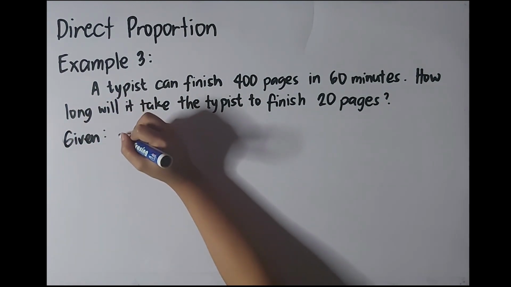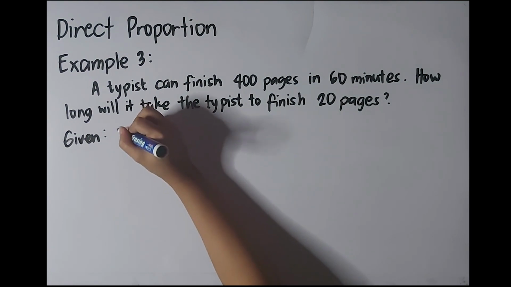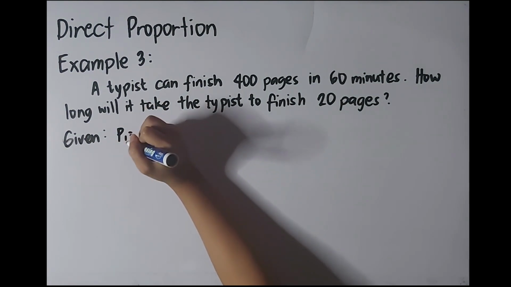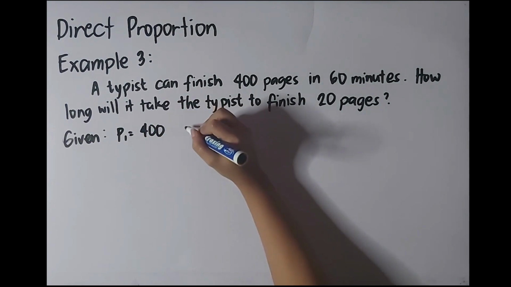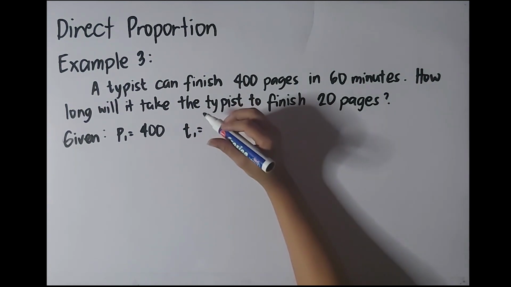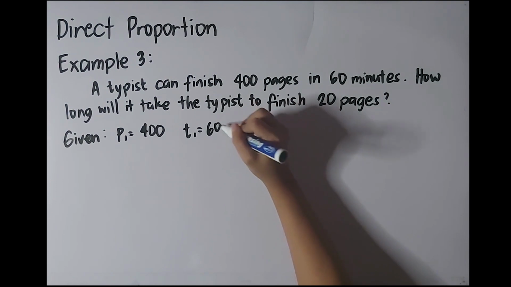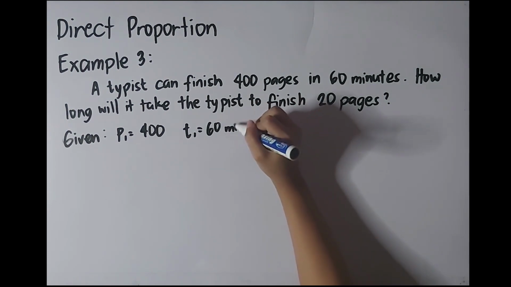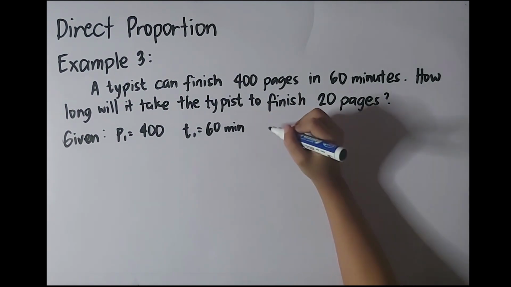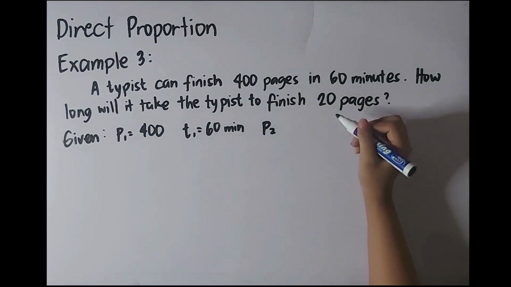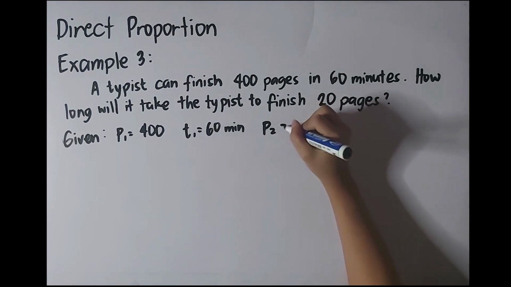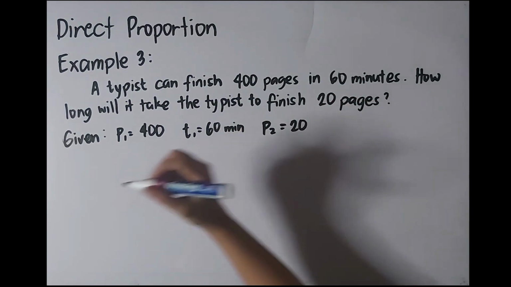We have pages, P1 for the pages. So we have 400 pages, and the time it takes for the typist to finish 400 pages is 60 minutes. So our time is in minutes. Then we have given also the other ratio, which is the P2, which is 20 pages.